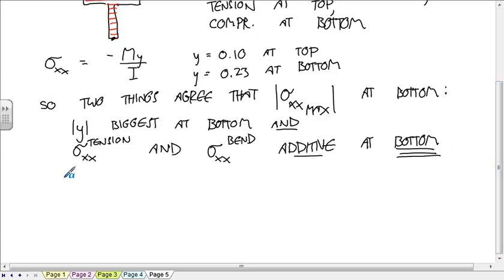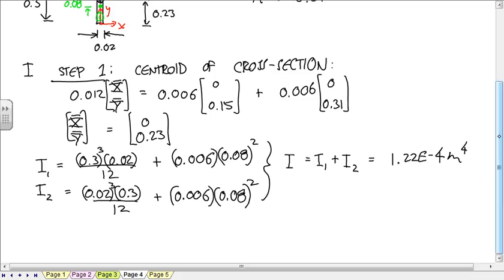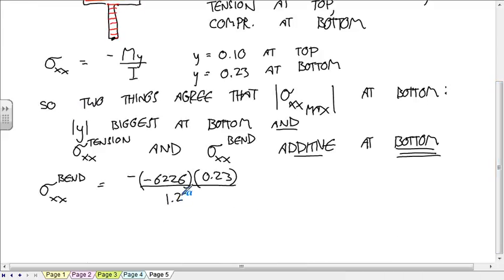So it's going to be at the bottom, and so we have the stress due to bending is equal to negative of -6226 times the y value of 0.23 divided by the I value that we just calculated of 1.22 times 10 to the minus 4.